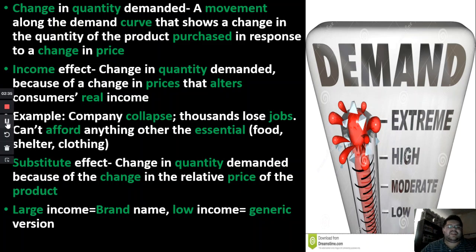Well, one of the things is an income effect, which is a change in quantity demanded because a change in price alters a person's real income. So if a person loses their job, they can no longer say, let's go to the movies, let's go eat fast food. Once they lose their job, that's income that's not coming in anymore.